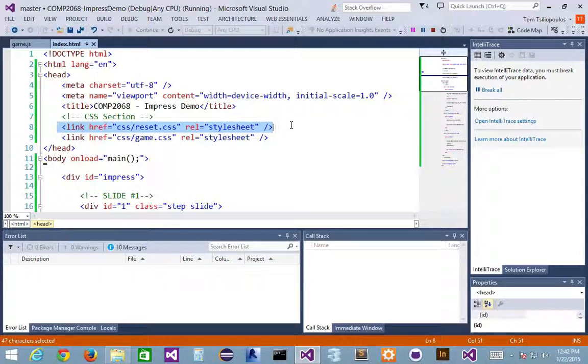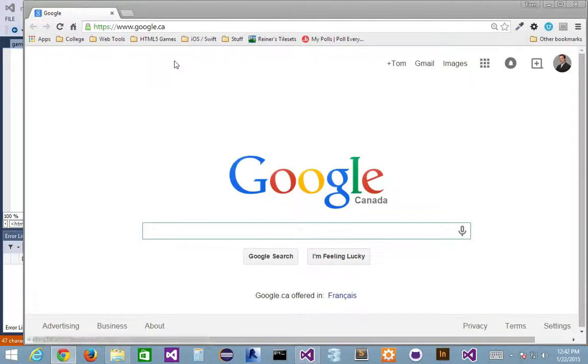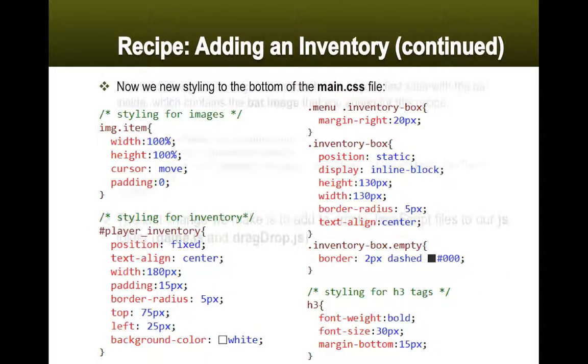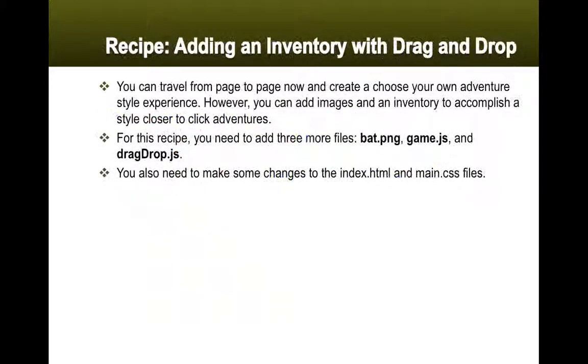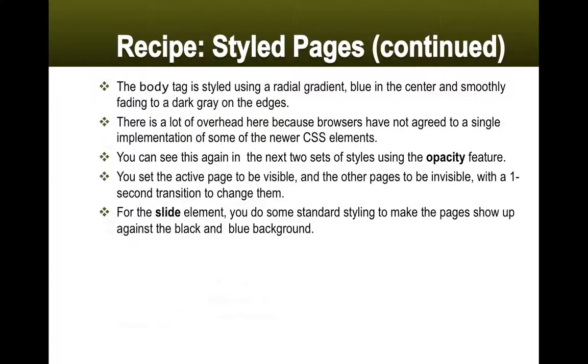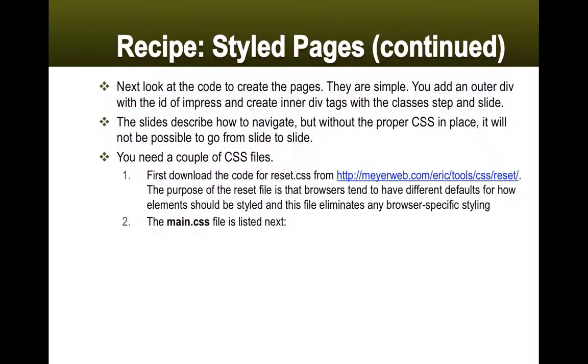Okay. Can you tell us how to get that reset file? Yes, I told you how to do it already. It's actually inside your PowerPoint presentation. If you go right to the top of your PowerPoint presentation, which is on your Blackboard, it'll take you right to this link, meyerweb.com, Eric, Tools, CSS, Reset.